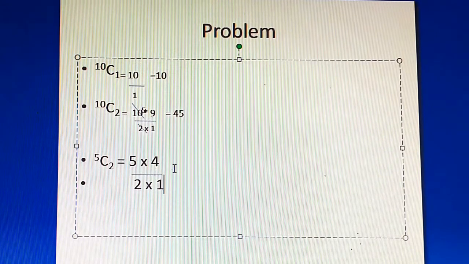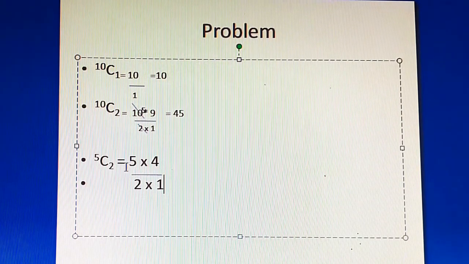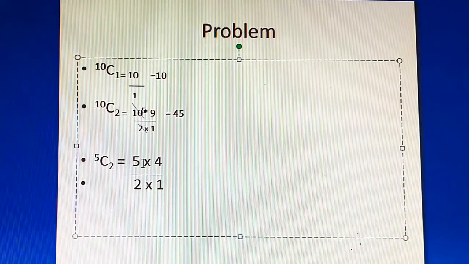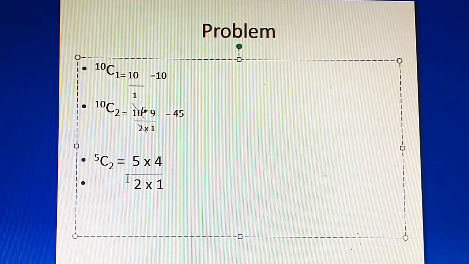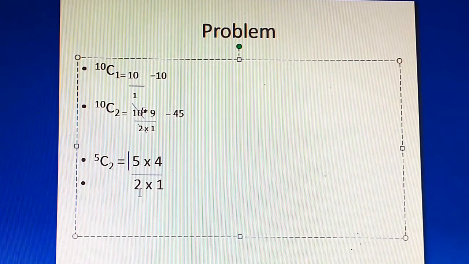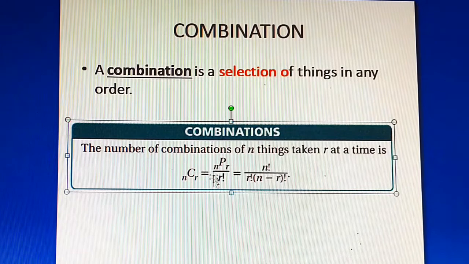How did you get 5 times 4? Because r is 2. The first term is 5, the second term will be 4, divided by r factorial, where 2 factorial is 2 times 1. So basically I'm using this formula nPr divided by r factorial.